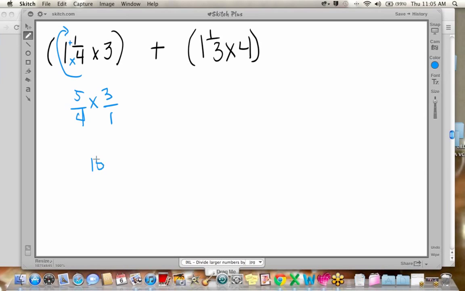So that becomes 15/4. And then 1 1/3 becomes 4/3 times 4 over 1. So that becomes 16/3.